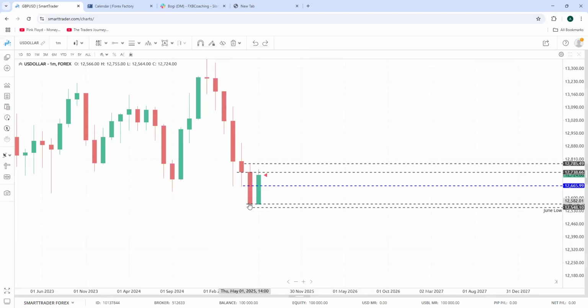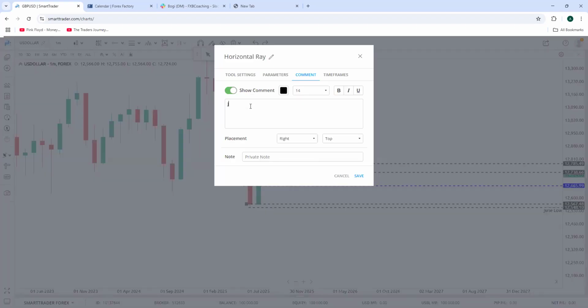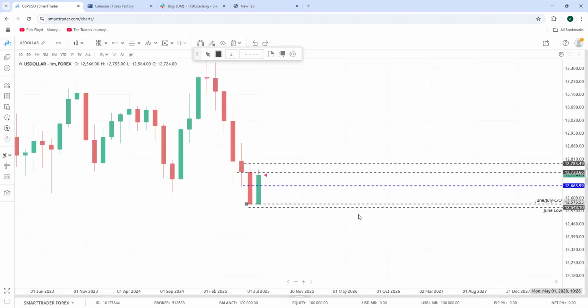Now we also have the June, July close and open. So we're going to put June, July, close, open. I'm going to put that on the top. There we go. Now we have it.